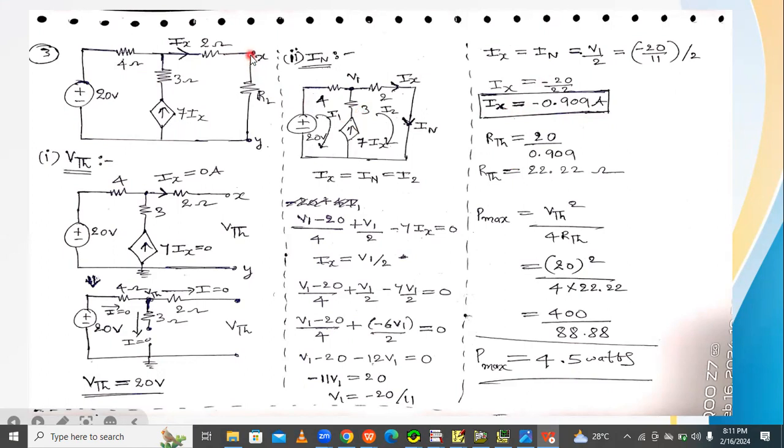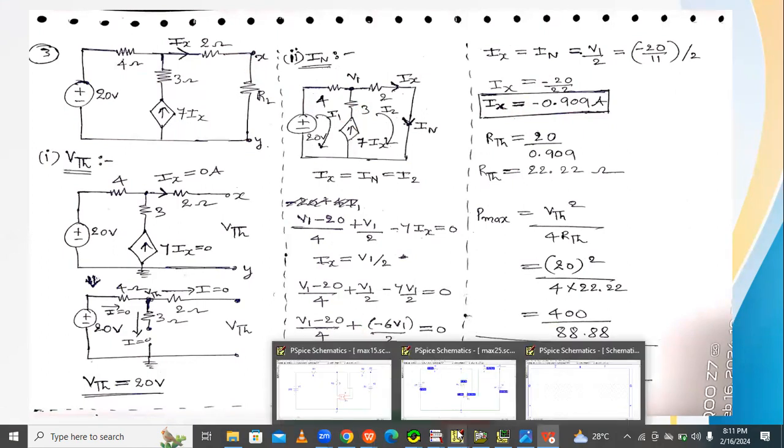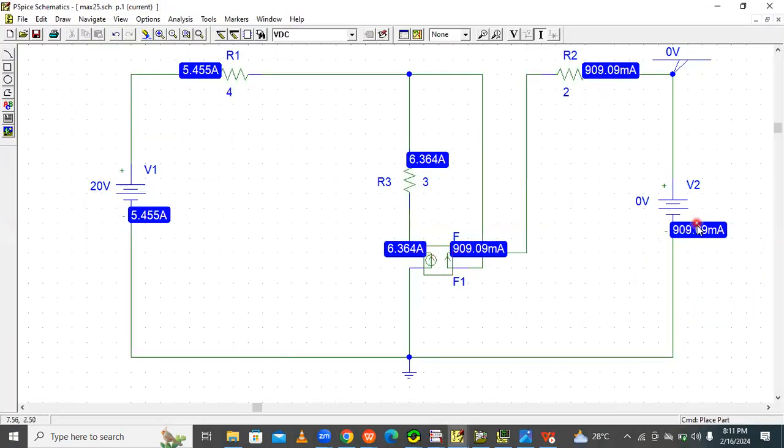Our direction is x to y negative, and y to x is positive. Let us check the direction of the current. Upward direction. Okay, so 0.909. We got theoretically minus. So in this way, we find the Thevenin's voltage and Norton's current.